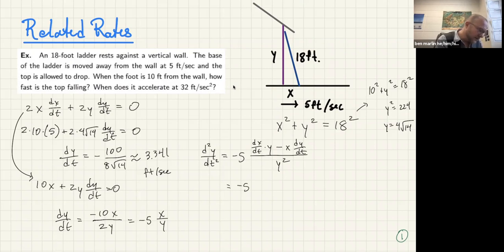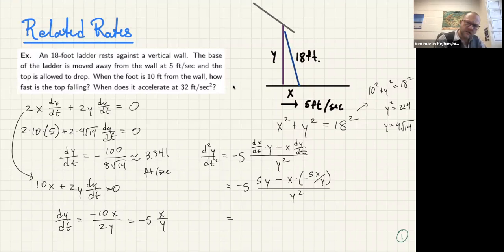The dx/dt we said was 5, so we have a 5y minus x times dy/dt, which we solved for a minute ago and have as minus 5x over y, all that divided by the y squared. We're going to try to simplify that as best we can. All right.